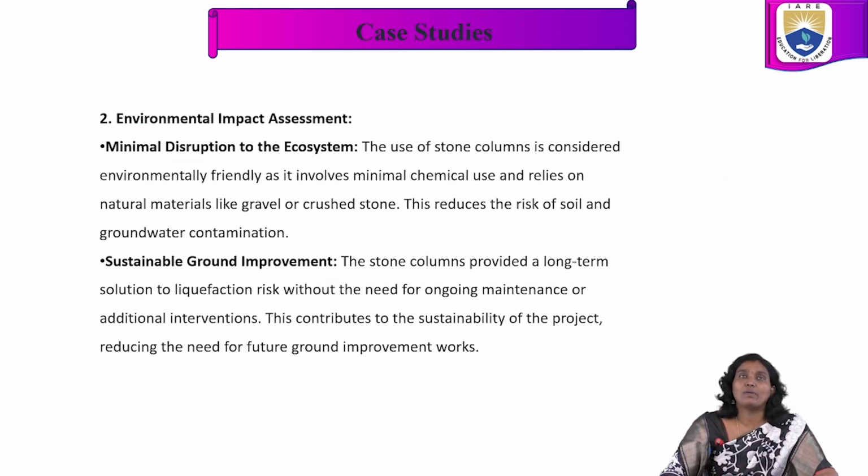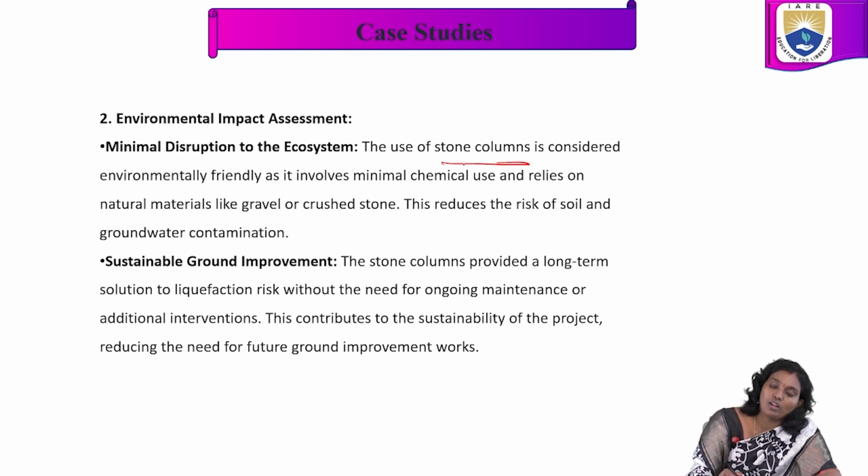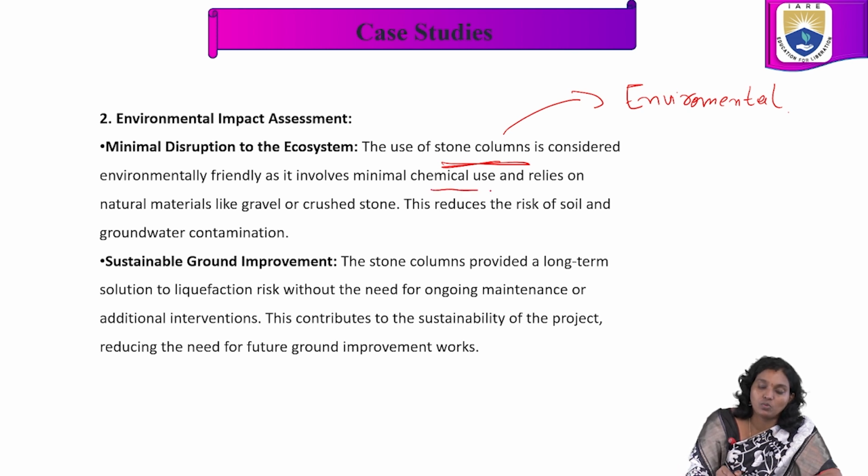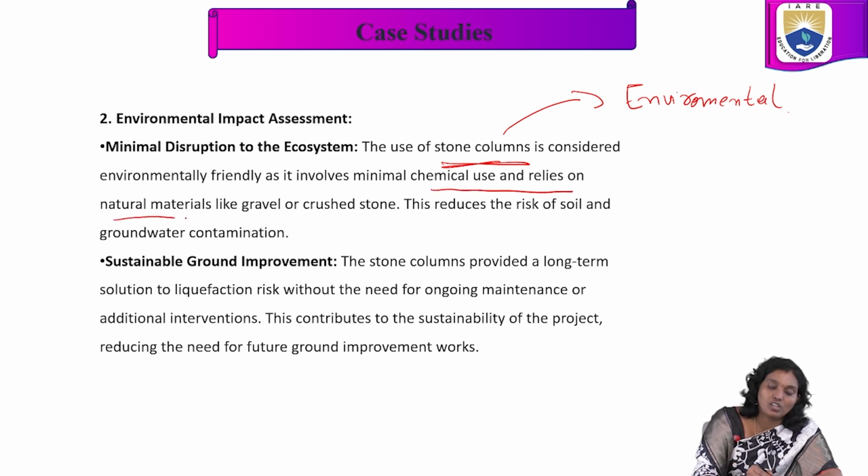From the environmental impact assessment point of view, there is minimal disruption to the ecosystem. Using stone columns, environmental effects are also involved, so according to that we choose the solution for the geotechnical challenge. The use of stone columns is considered environmentally friendly as it involves minimal chemical use and relies on natural materials like gravel or crushed stone.